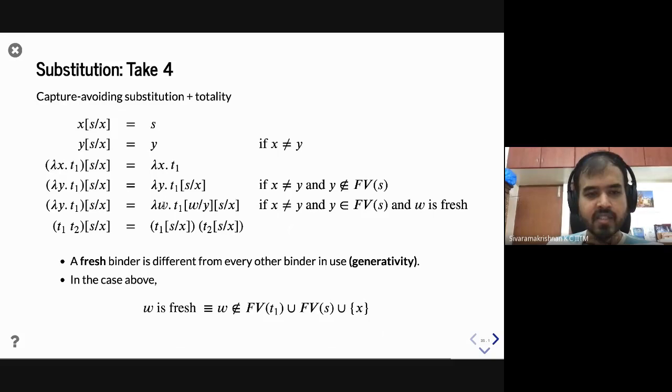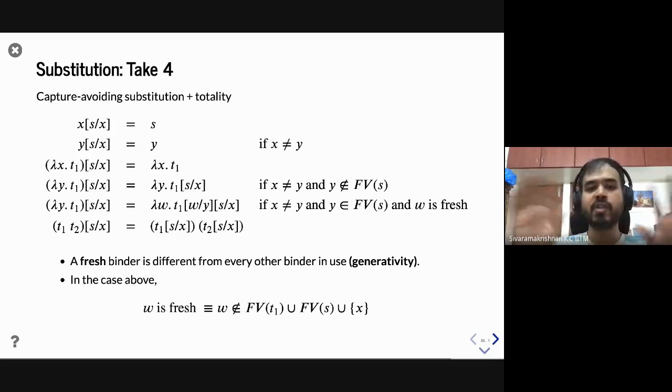We refactor this function as lambda w, and in T1, wherever you find y, we substitute that with w. So we are first doing one renaming, where we take y and replace all uses of y with this fresh w, right? It is important that w is fresh. You can intuitively understand freshness as this variable name has not been used anywhere. That's the definition of freshness.